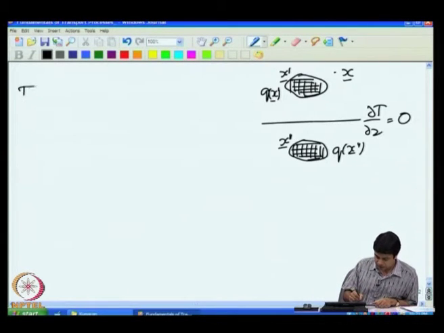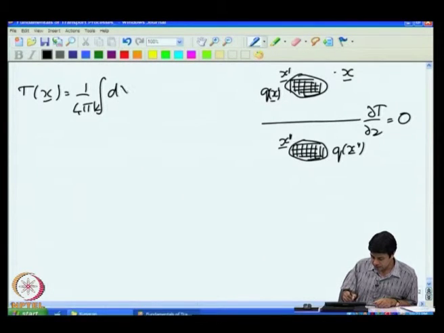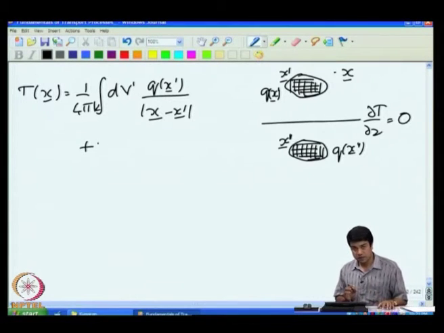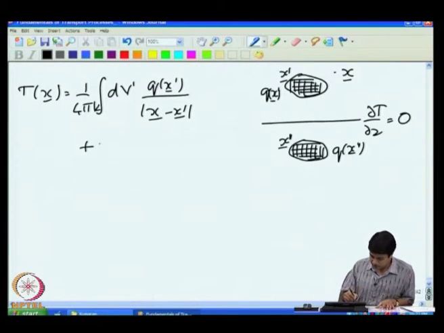And in this case it is quite easy to write the temperature field is equal to 1 by 4 pi k integral dV prime q at x prime by x minus x prime. In this case I have plus because I need 0 flux condition at the wall.